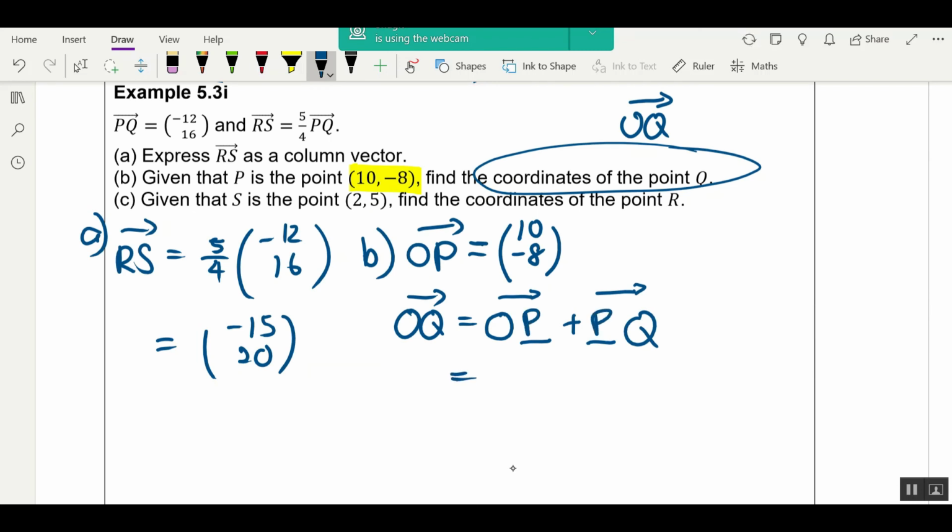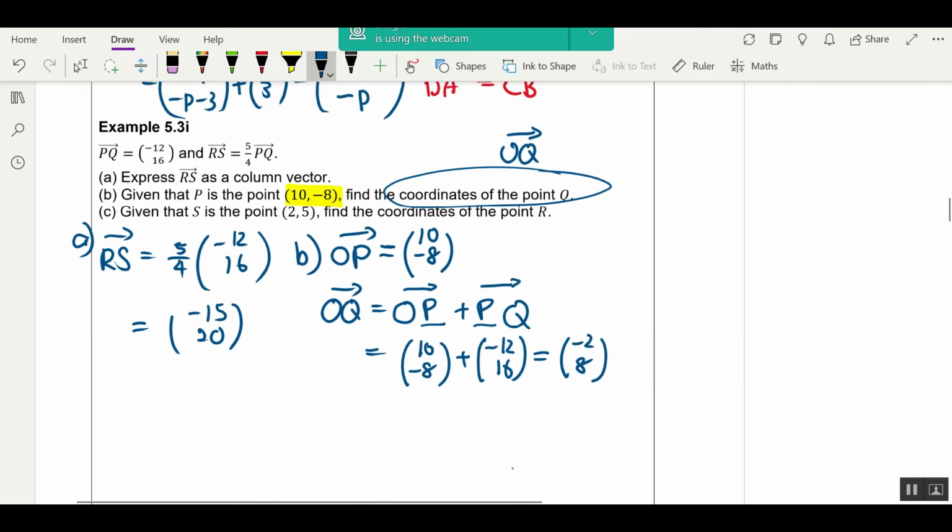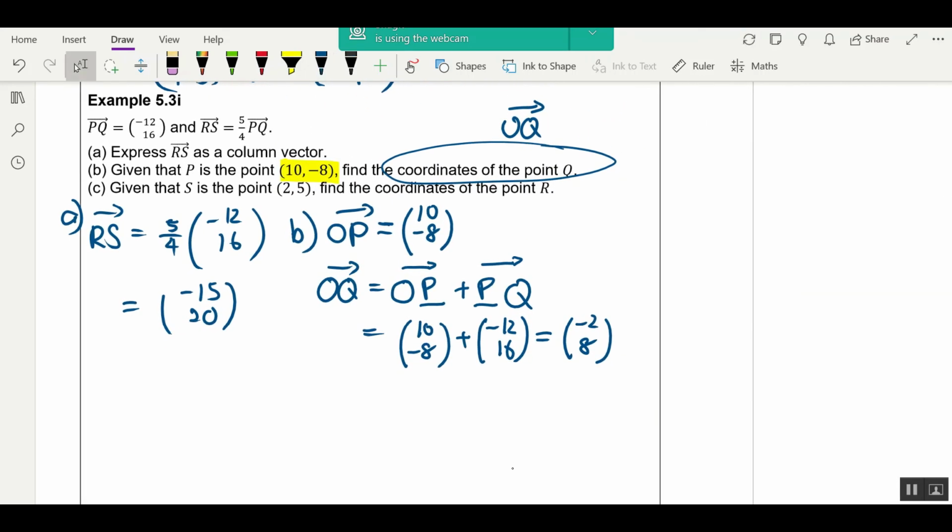Do I have OP? Yes, 10, negative 8. Do I have PQ? Yes, negative 12, 16. And that will be equal to negative 2, 8. So as long as you're very flexible with the interchange rule, you can do anything. But if you leave your answer this way, it is not correct because they want a coordinate. So Q is equal to, how do I change a column vector to a coordinate? Minus 2, 8.